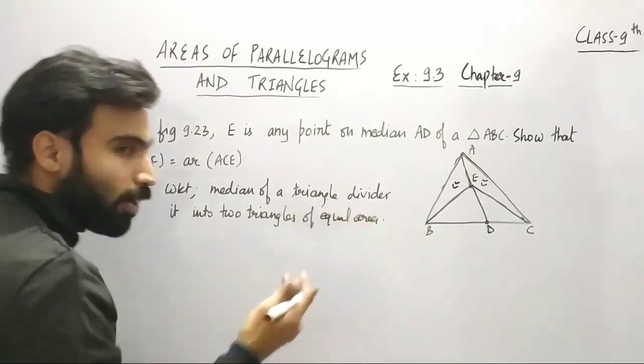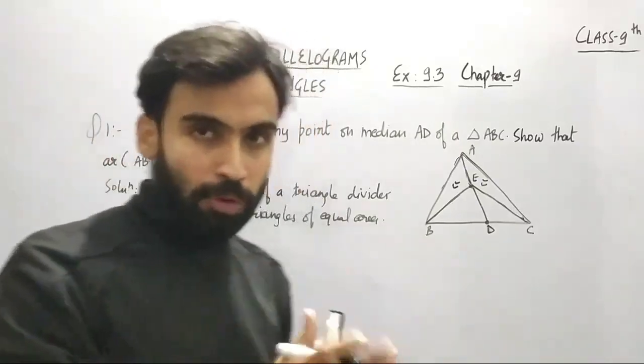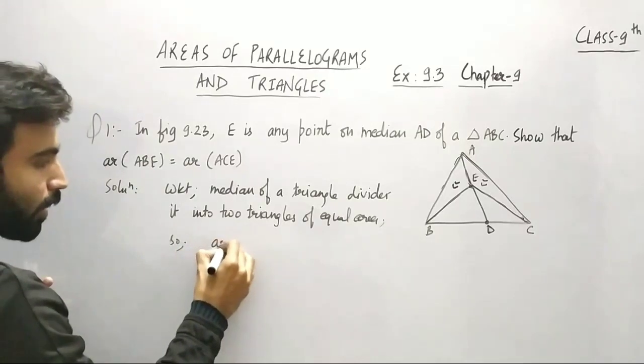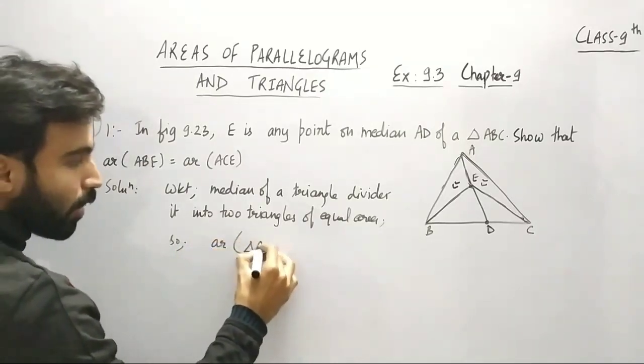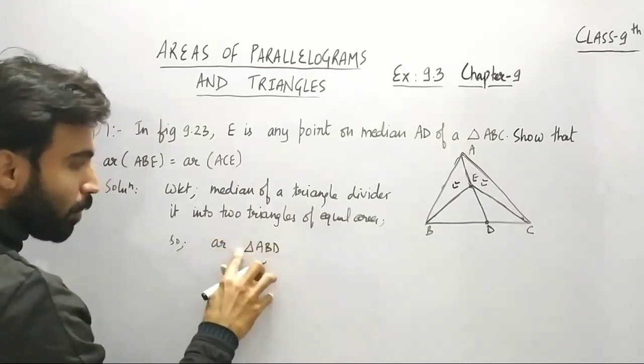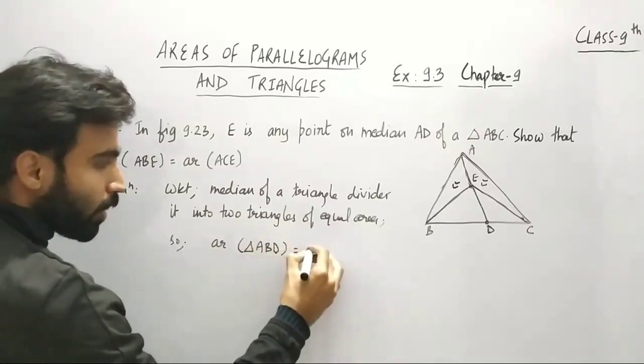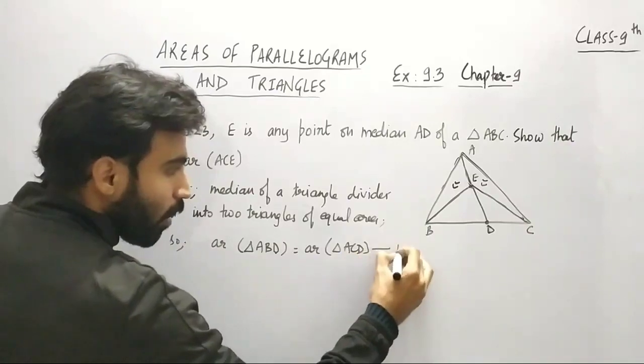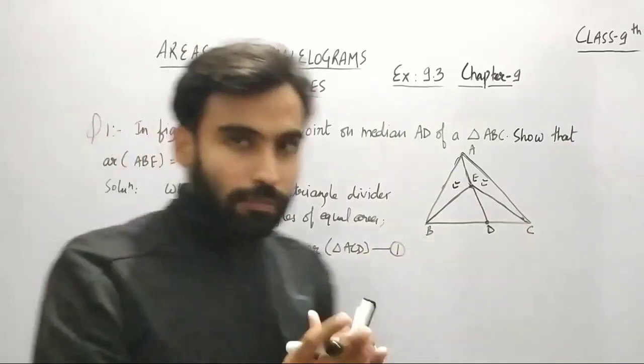This is what we have seen in the previous video. I have proved that. Now, we can say that the area of triangle ABD, let me just put the bracket, is equal to the area of triangle ACD, right?